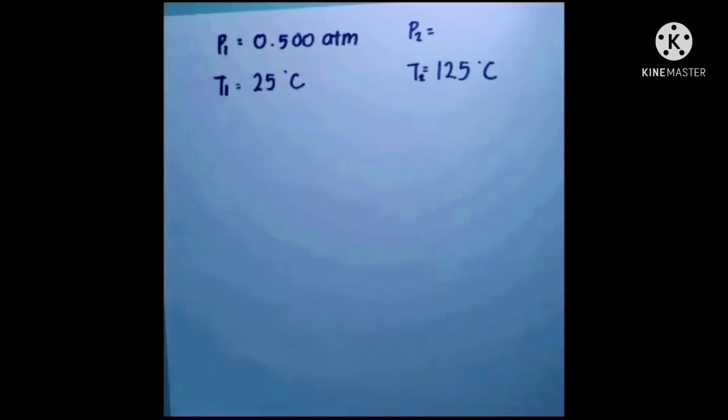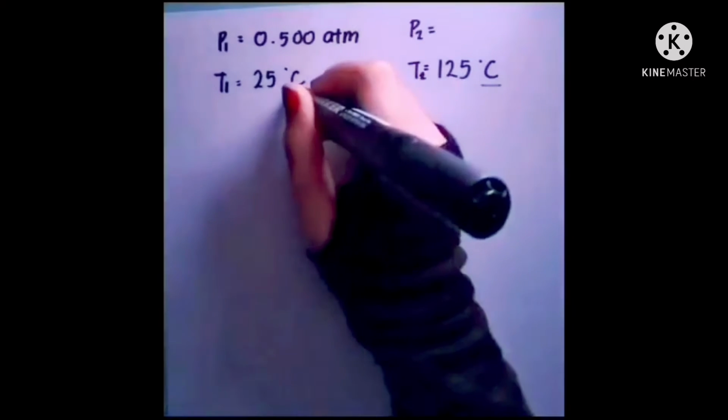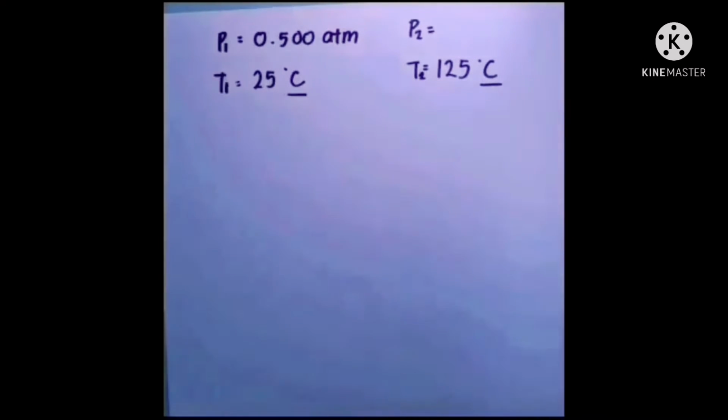But first, we're going to convert something. And that something is Celsius because we cannot have that in this law. So, dahil dito, hindi tayo pwede magkaroon ng Celsius. That's why we're going to turn it into Kelvin. So, paano nga ba yung conversion factor na to?